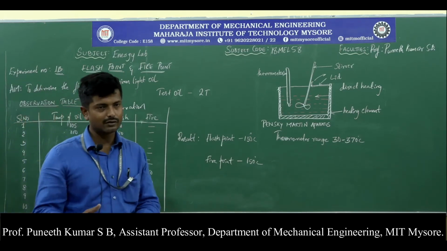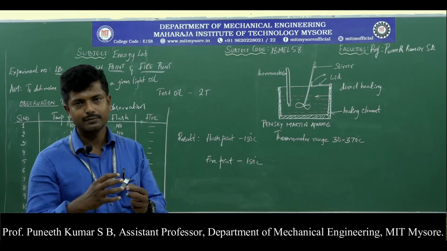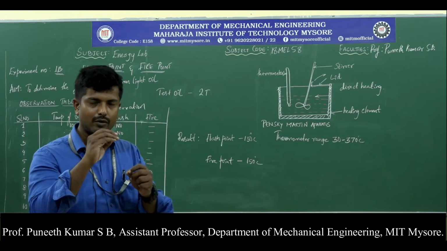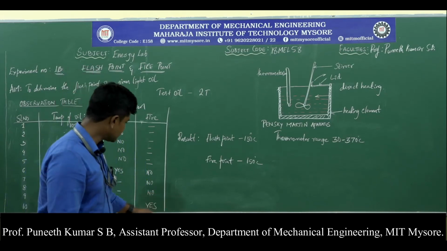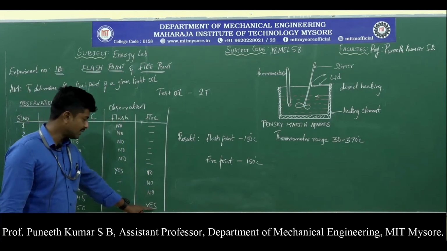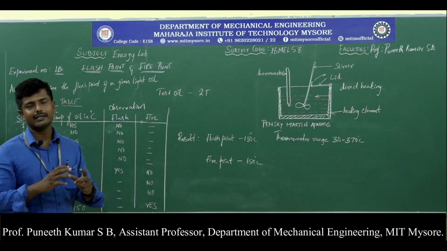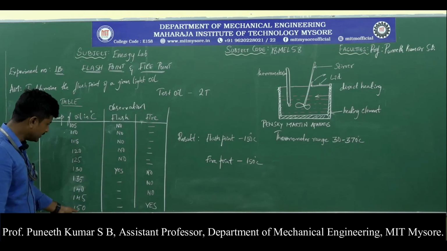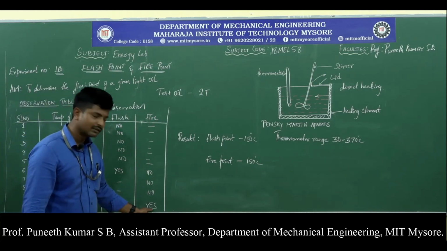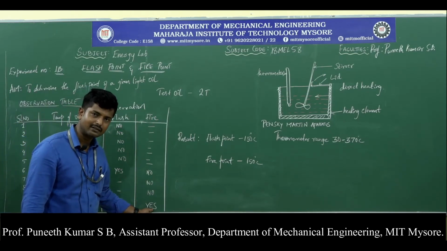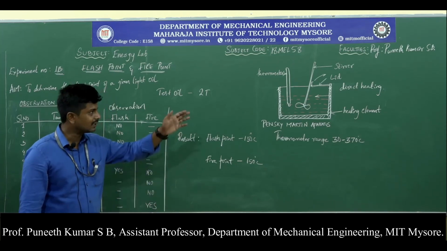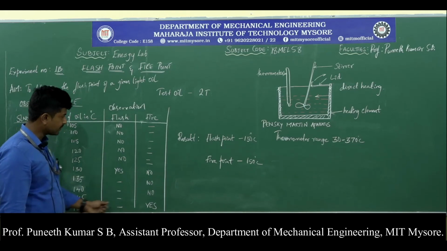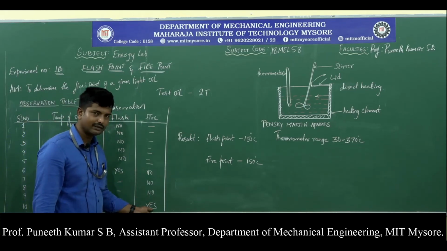Flash means the combustion or explosion takes place for a very small moment of time, whereas with fire, once it catches, the combustion takes place continuously. Once at 150 degrees we took the test flame, the combustion started and it proceeds until we close the lid. So we have registered the fire point at 150 degrees.